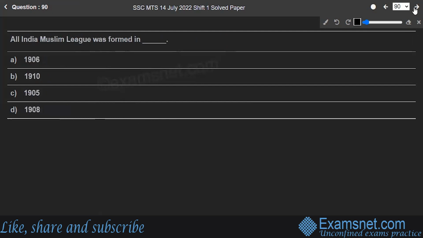Next, question number 90. All India Muslim League was formed in which year? There are four options given. Let's check out which is the correct answer to the question. All India Muslim League was formed in the year 1906. All India Muslim League, that is AIML, was a political party founded in 1906 in British India. The Muslim League was founded in Dhaka, British India, which is now Bangladesh.